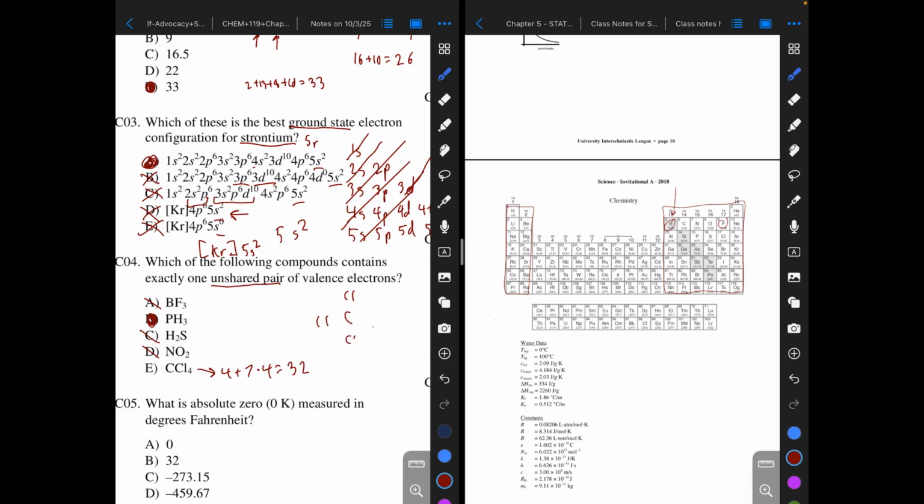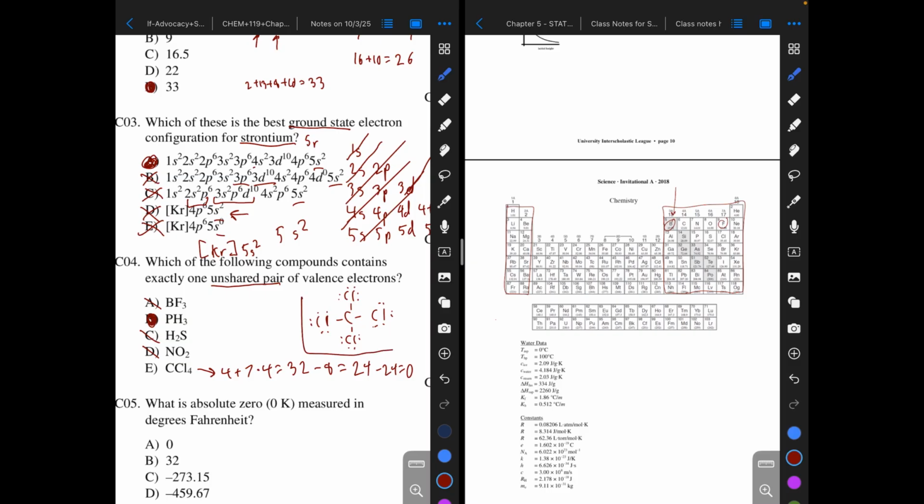Carbon's the least electronegative, so it's in the center, and there are 4 bonds extending from carbon. So that's 8 electrons used to make those 4 bonds. You have 24 electrons remaining. We can fill each of the outermost atoms with 6 electrons. So that means we use up all 24 electrons.